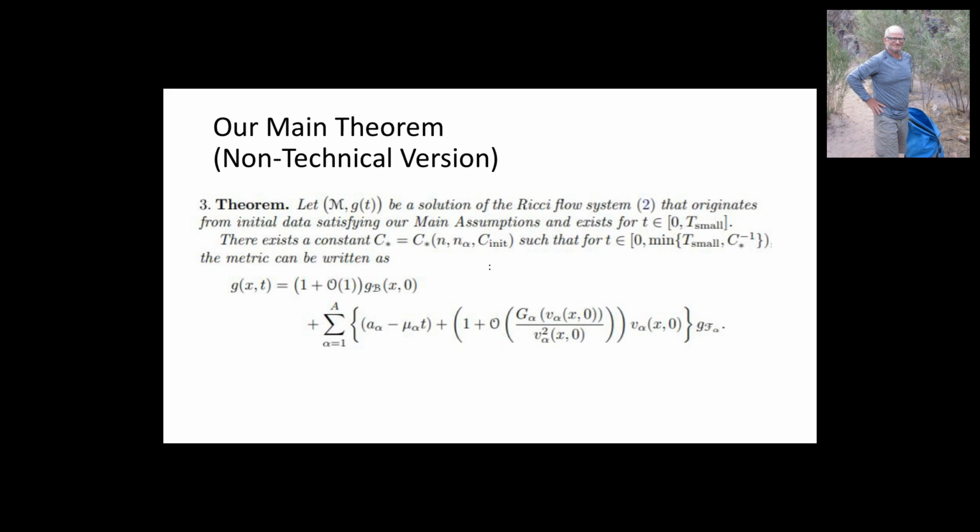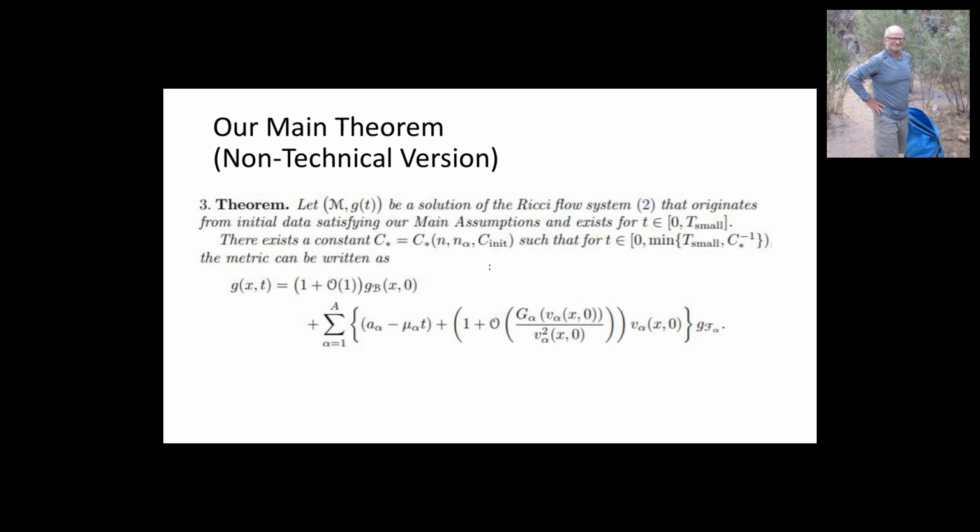The first one says that if we're looking at a Ricci flow solution for metrics of this form, and it satisfies the initial main assumptions, then we claim that there exists a constant such that for all time in a certain interval, the metric can be written in a certain form, which I write here.